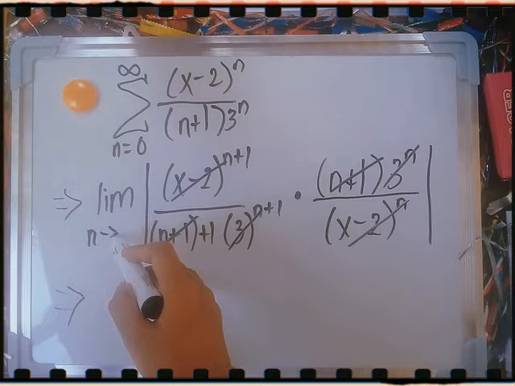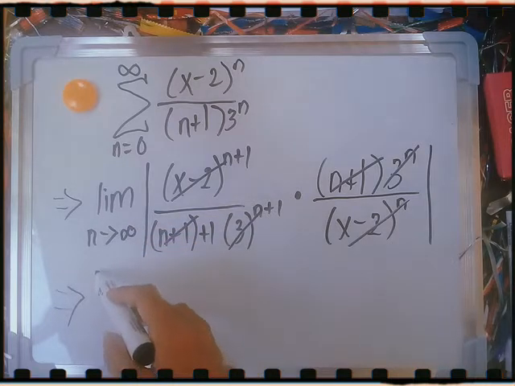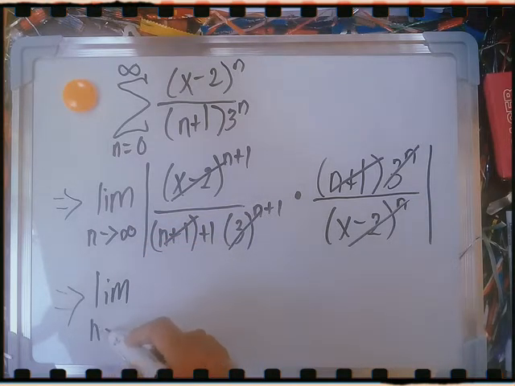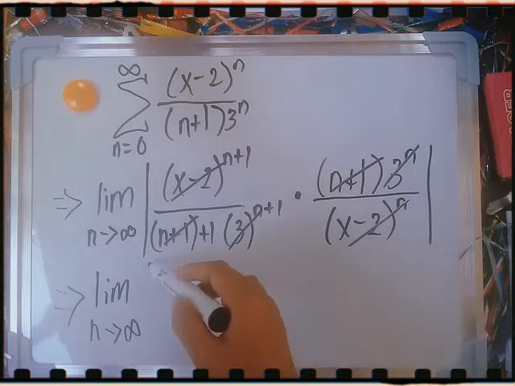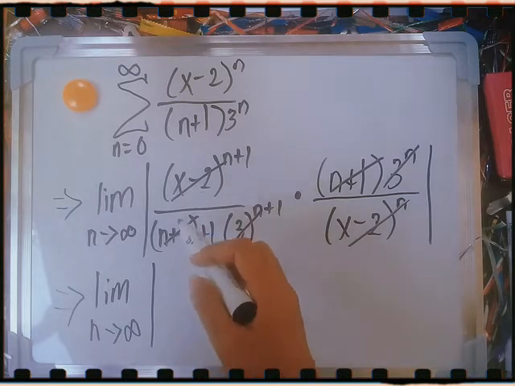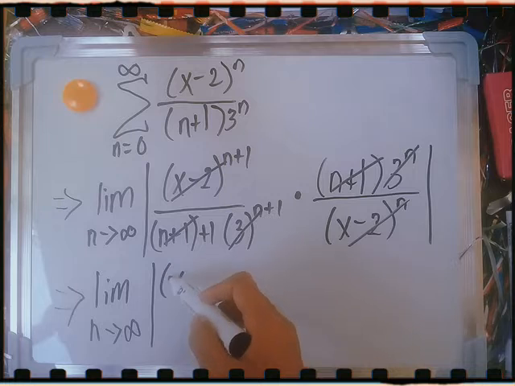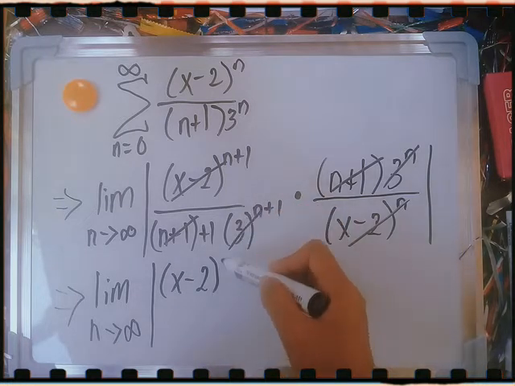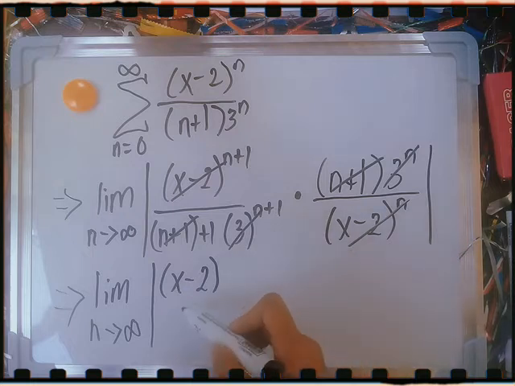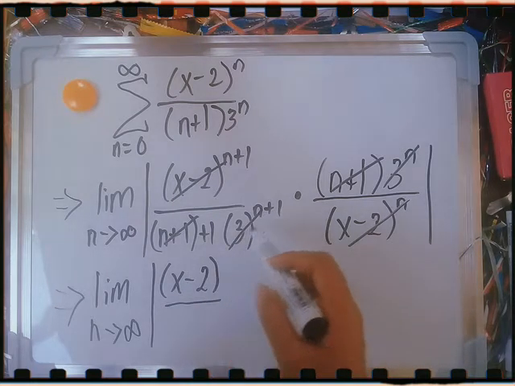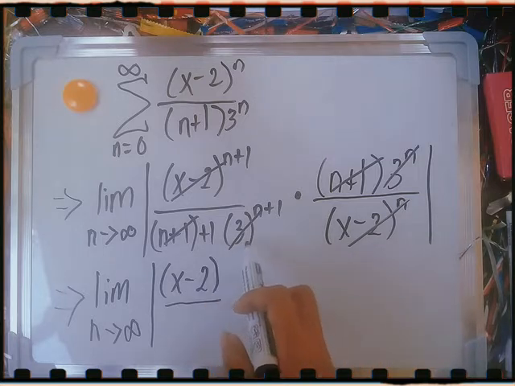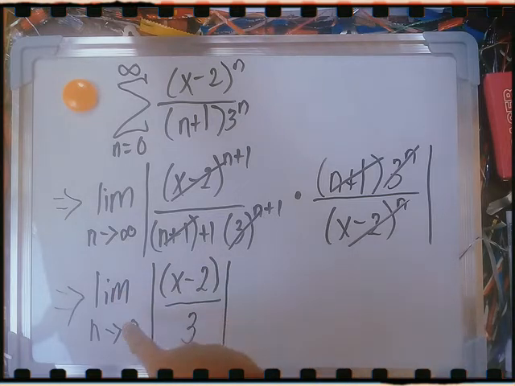As n approaches infinity, sa numerator natin ay meron tayong x minus 2 raised to 1, so hindi na natin nilalagay yon. And sa denominator, since may 1 pa dito and may 3 pa dito, 1 times 3 will be 3. The limit as n approaches infinity is the absolute value of x minus 2 over 3.